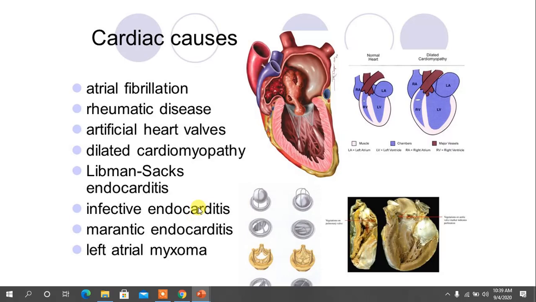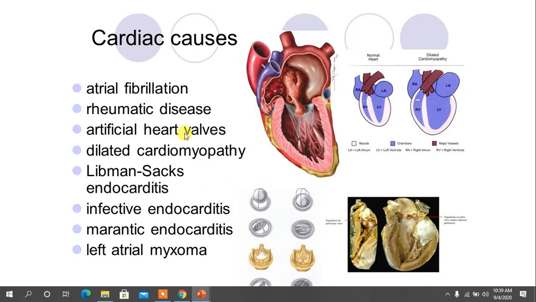So these endocarditis are different kinds of conditions in which there is inflammation of the endocardium of the heart. This can also lead to severe cerebrovascular accidents.